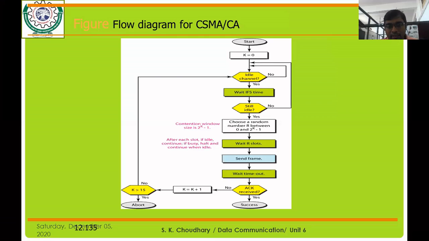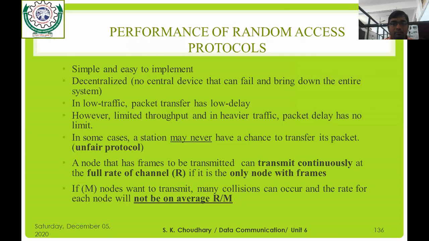Then, if idle, it would send the data, waiting R slots. After each slot, if idle continue, if busy halt for that amount of time, and send the frame. When it receives the acknowledgement, the transmission is successful. Otherwise, go for the next attempt, up to the maximum number of attempts.